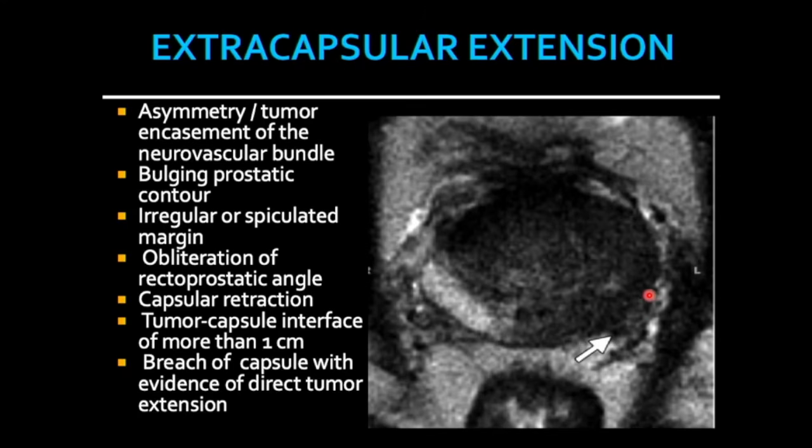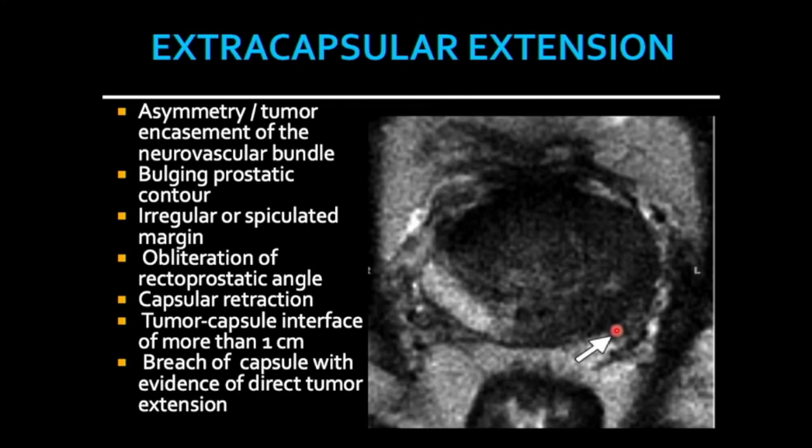If there is asymmetry or tumor encasement of the neurovascular bundle, if there is bulging of the prostatic contour, or an irregular spiculated margin, or obliteration of the rectoprostatic angle, which I'll show you in the next case, or if the capsule is retracted, or if the tumor capsule interface is more than 1 centimeter, these are all signs of extracapsular extension.